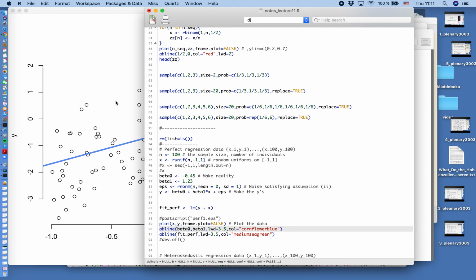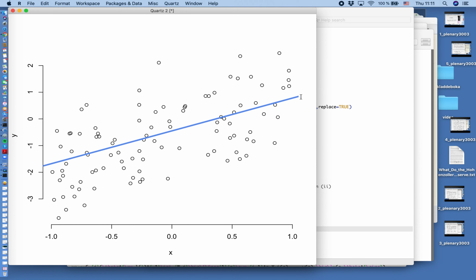So here it is, beta 0 plus beta 1 times x, the blue line. And we see that with this regression data, the dots are evenly spread around this line. So it seems like the variance does not change with x.